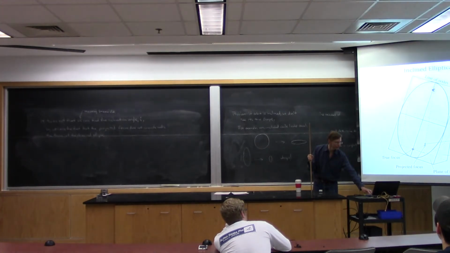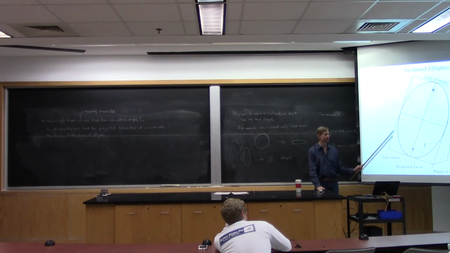If the focus of the apparent orbit is different from the actual focus, which you find by where all those intersections are, you know the orbit is inclined. And it turns out that if you know how far the projected focus is from the true focus, no, that's not what I'm trying to say.